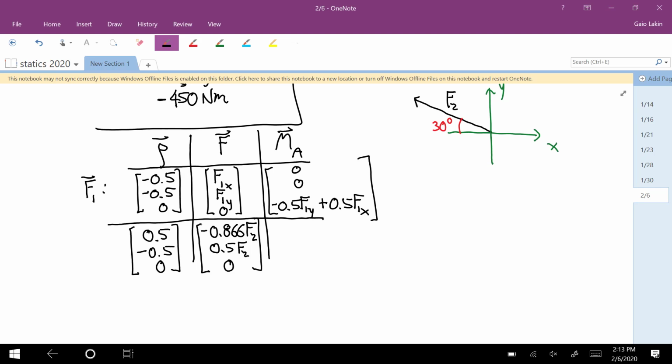Then take the cross product of those two, and the moment is 0, 0. And then for z, it's 0.25 F2 minus 0.433 F2, and so that is negative 0.183 F2.